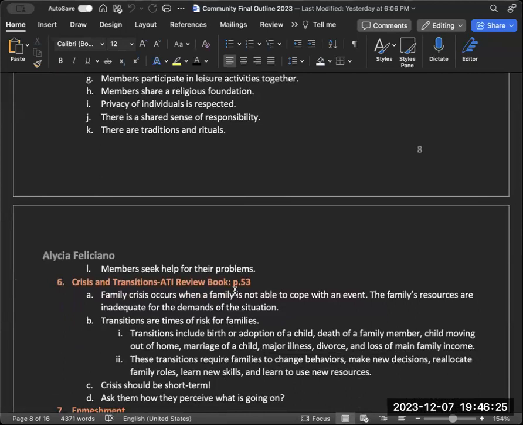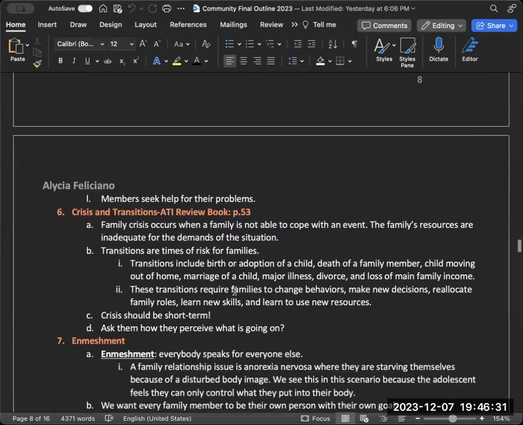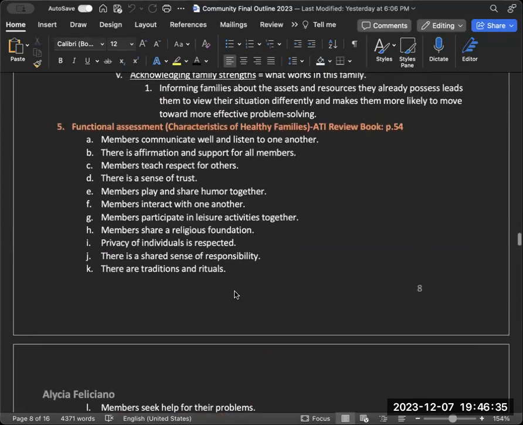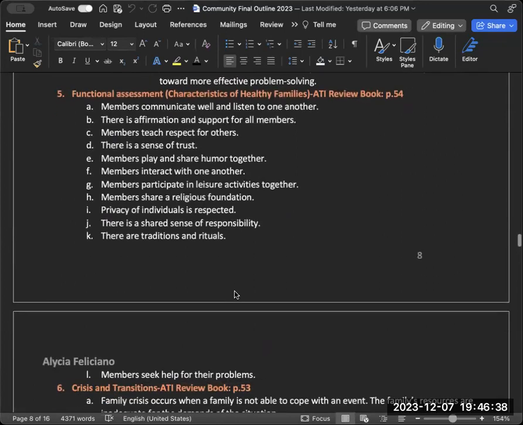Privacy is respected. Everyone shares some sense of responsibilities. There's traditions and rituals, and members seek help for their problems. So, these are examples of healthy. The question might simply be a true or false, or, is this an example of a healthy family, or which one isn't an example of a healthy family?